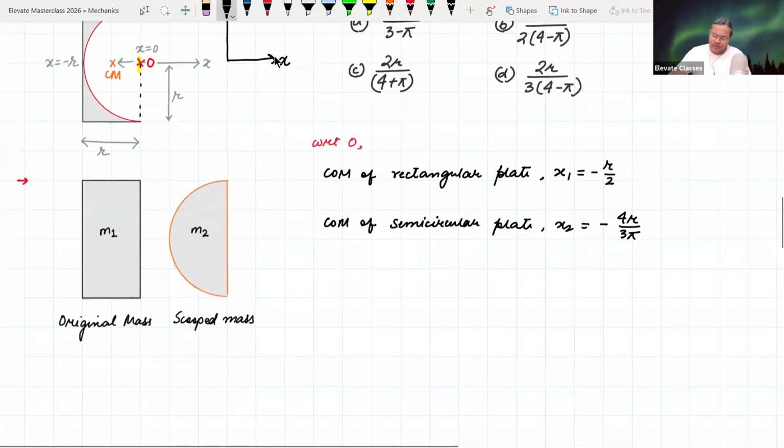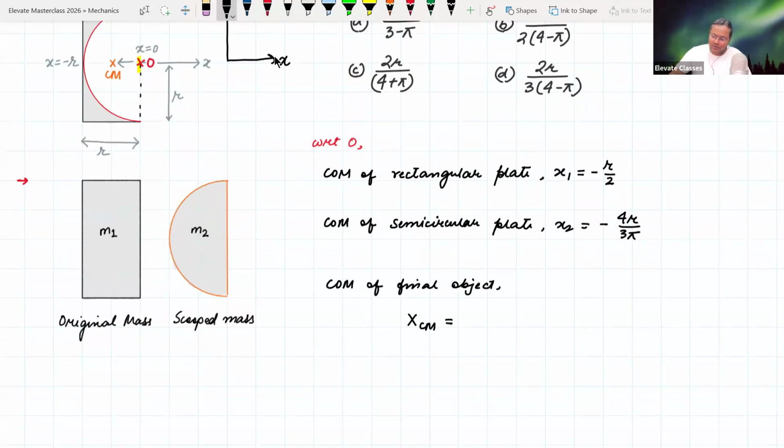All right. So what is the center of mass of the final object? We just combine them. That's it. If we combine them, x cm is equal to m1 x1 minus m2 x2 upon m1 minus m2.